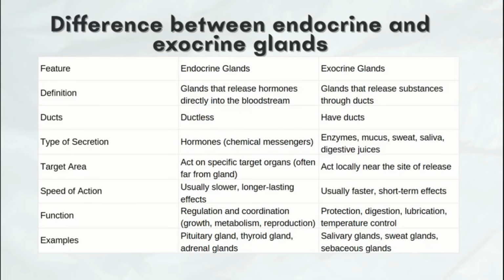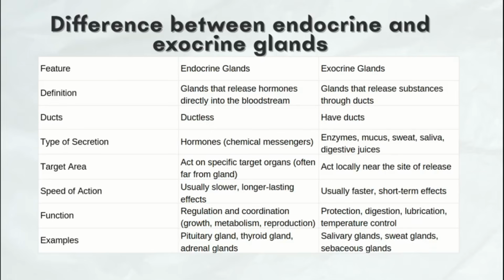Exocrine glands release their substances through ducts. So that's one of the major differences. One is ductless and one has ducts. The chemical messengers are those of the endocrine glands. Then we have the exocrine glands, talking about enzymes, mucus, sweat, saliva, digestive juices.